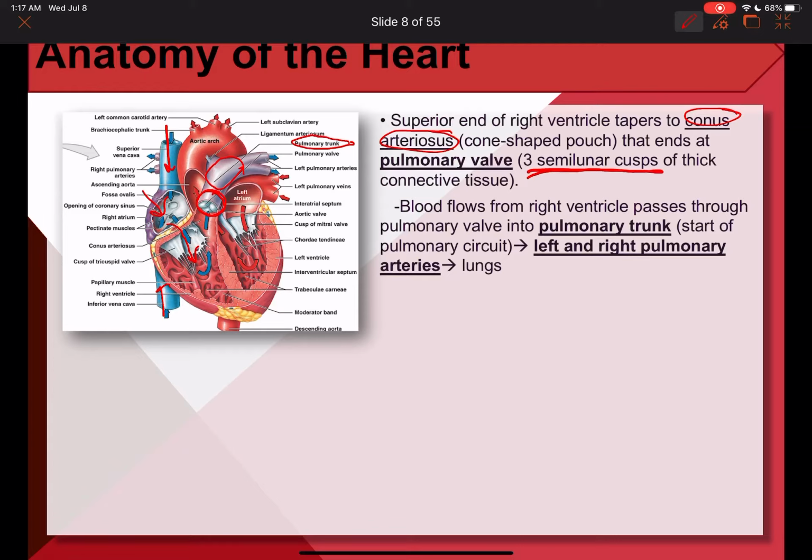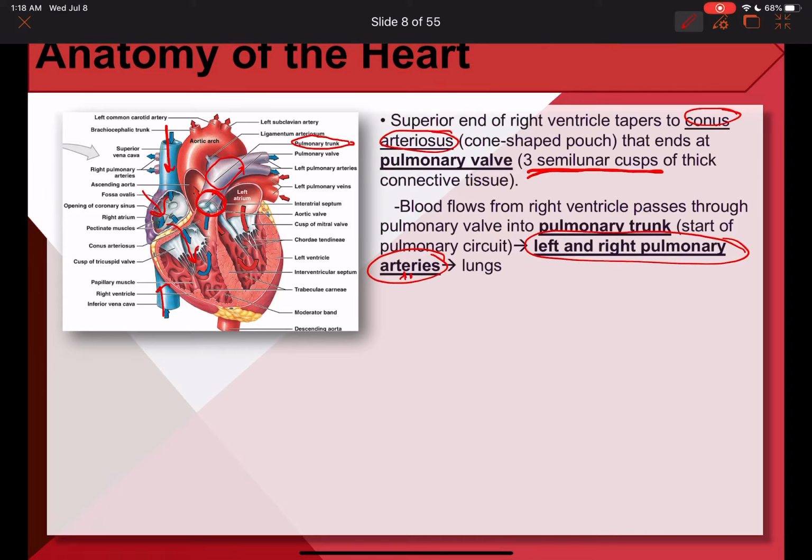All right, so the deoxygenated blood will then arrive at the pulmonary trunk, which is usually the start of your pulmonary circuit, and will then follow and go through the rest of it, either through your left pulmonary artery or right pulmonary artery. Okay, so that's why I said left or right pulmonary arteries.